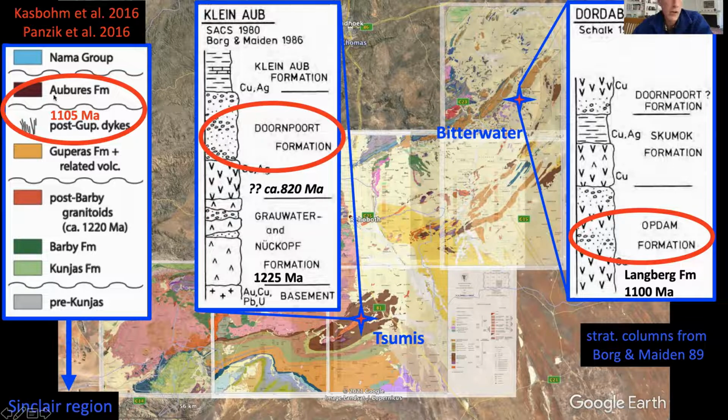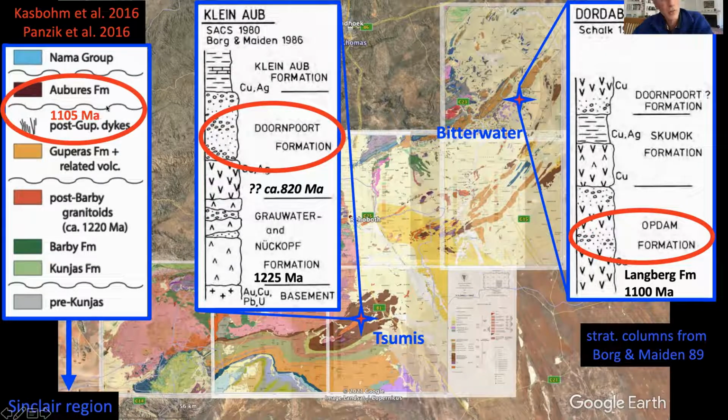However, about 5 years ago, my lab group was involved with a geochronology study in which we dated dikes at the end of this intermediate-position volcanic event. We found a zircon age of 1105 million years.